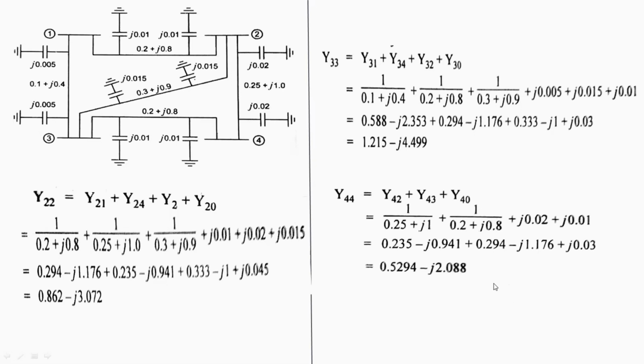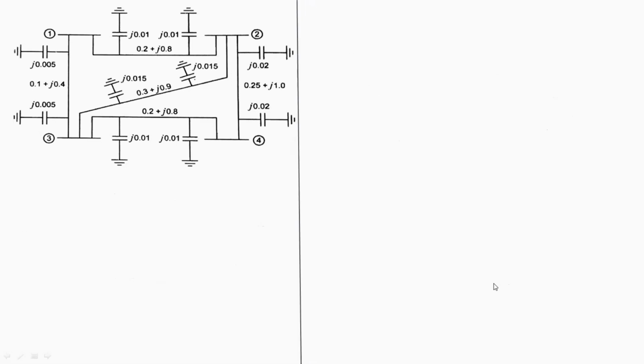Now let's calculate the mutual admittances. Y12 is the negative of the admittance connected between buses 1 and 2, that is minus 1 divided by 0.2 plus j 0.8. There is no need to include the half line charging admittance here, because half line charging admittances are only included in the self admittance formula.